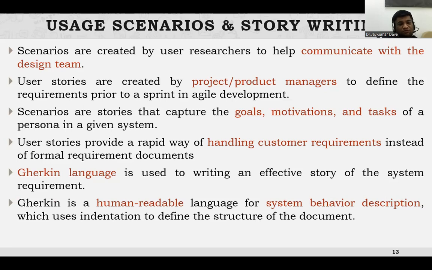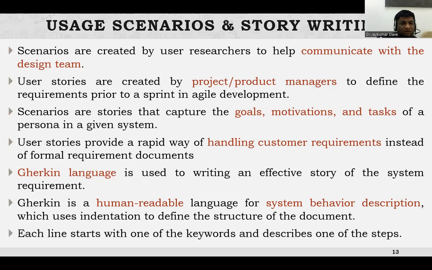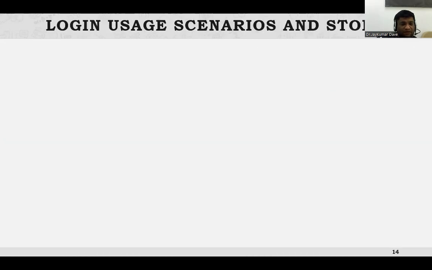The scenarios are the stories that capture the goals, motivations and tasks of the persona in a given system. User stories provide a rapid way of handling customer requirements instead of formal requirement documents. So basically, this is all about user scenarios and story writing.